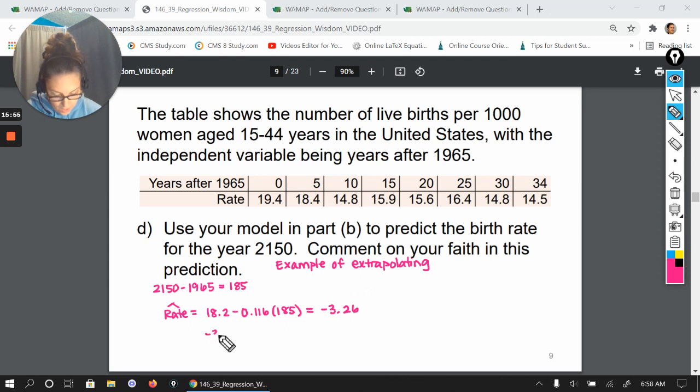So we would have negative 3.26 live births per 1,000 women. Well, this doesn't make sense. Right? Because how can you have a negative live birth? So this prediction is not accurate.